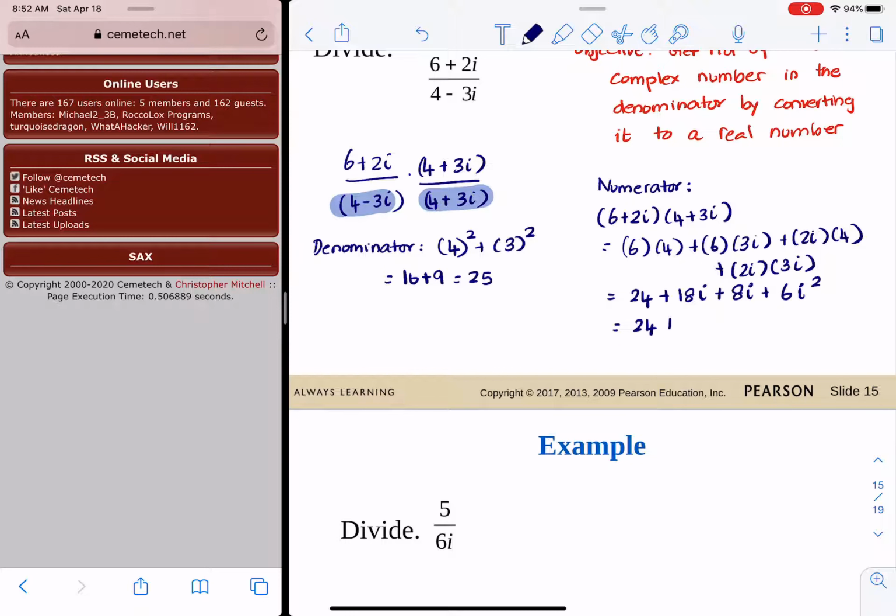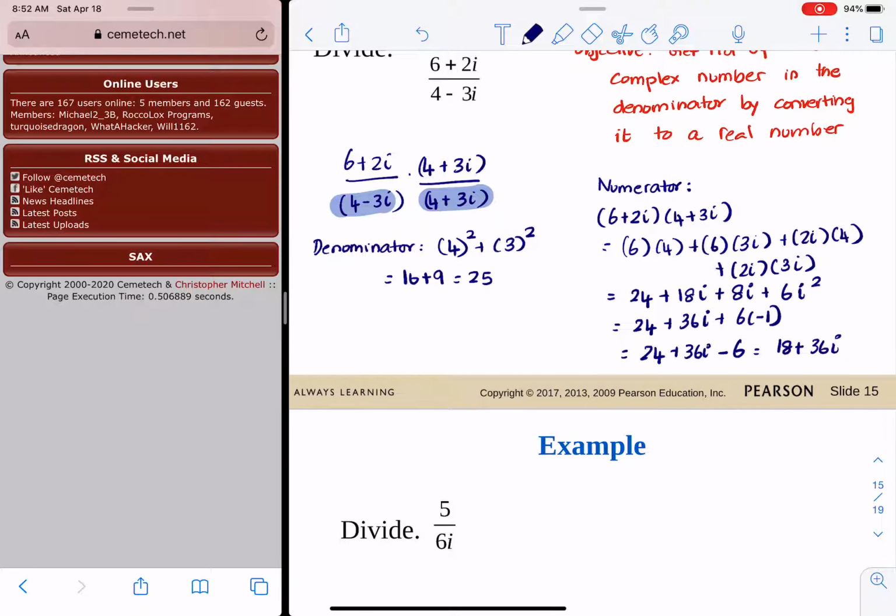So we have 24 plus 36i plus 6 times negative 1. So we have 24 plus 36i minus 6, which is 18 plus 36i.